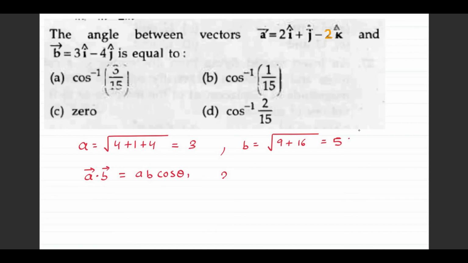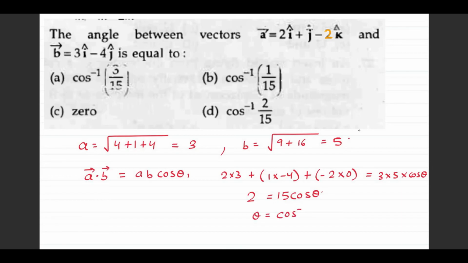If you do A dot B, I cap gets multiplied with I cap, J cap with J cap, K cap with K cap, equal to A into B into cos theta. So I can say this is 6 minus 4 is 2 equal to 15 cos theta. Theta then is cos inverse 2 by 15.